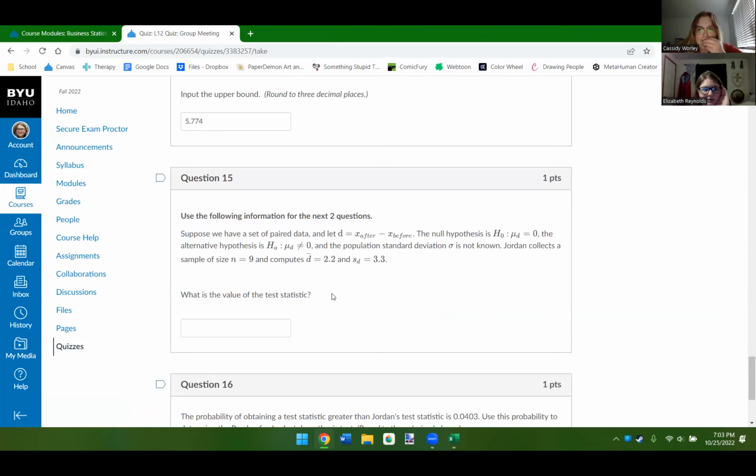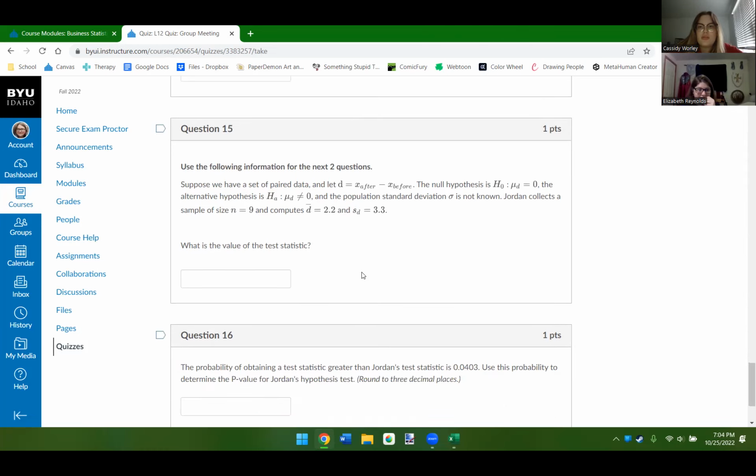One collects the sample size N, sample mean of D and standard deviation of D. What is the test statistic? Okay, so we need to put this into a formula. So it's t equals D-bar over S divided by the square root of N.